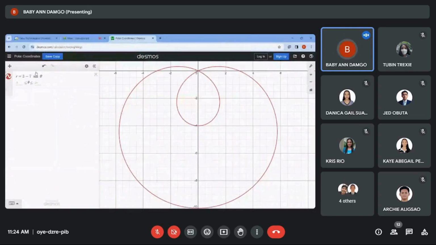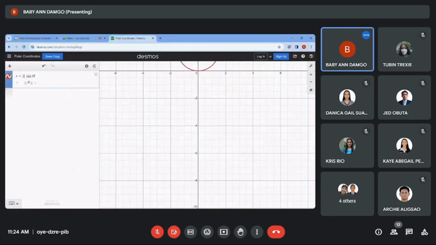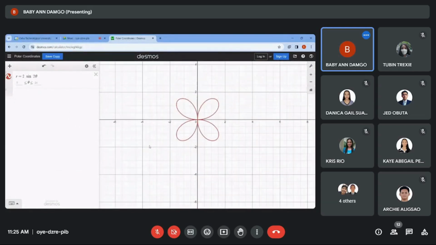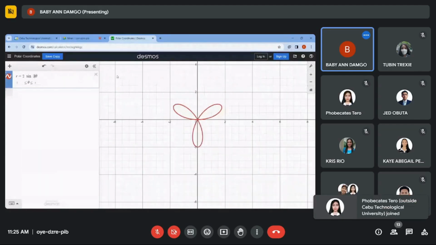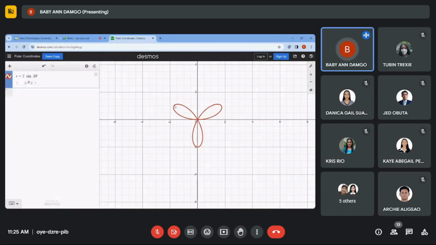So this r is 2 sine 2 theta. Okay. So ang iyahang like ang tumoy niya nga part sa petals class, unsaon siya pagkuha, it is based on this one. So this is based on a or b.